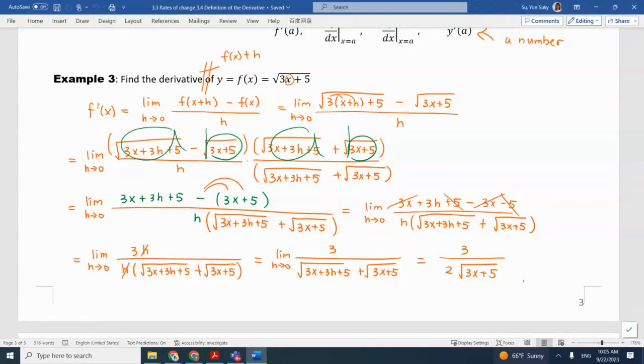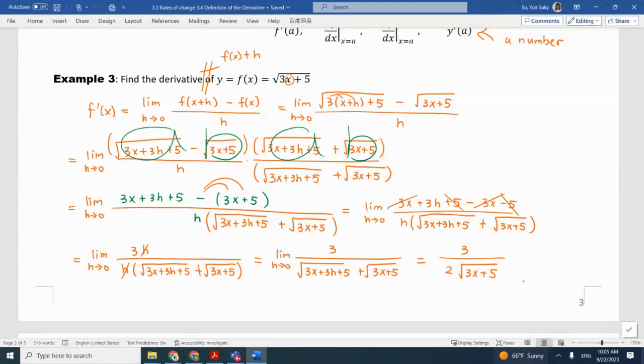If the next problem asks you to find what is the tangent line at x equals 1, something like that. Maybe part A, they ask you to find the derivative using the limit definition. Part B, they ask you to find the tangent line at x equals 1.